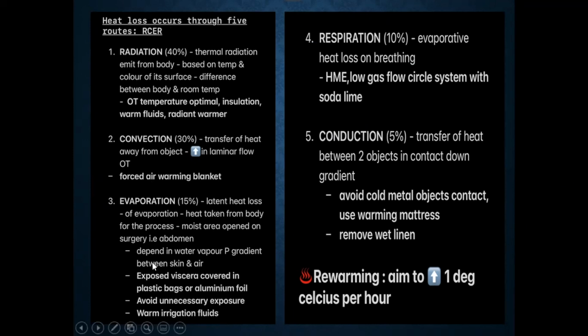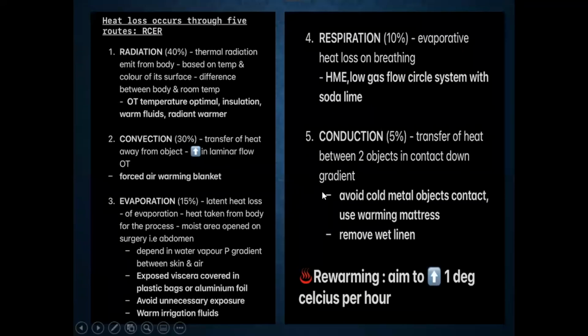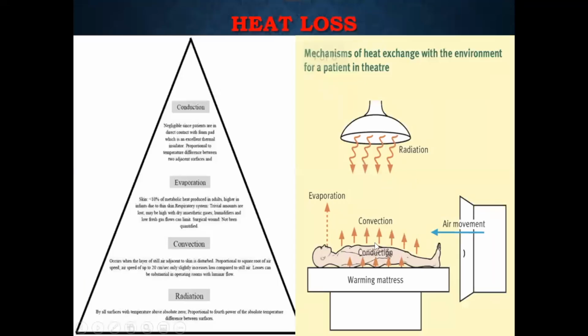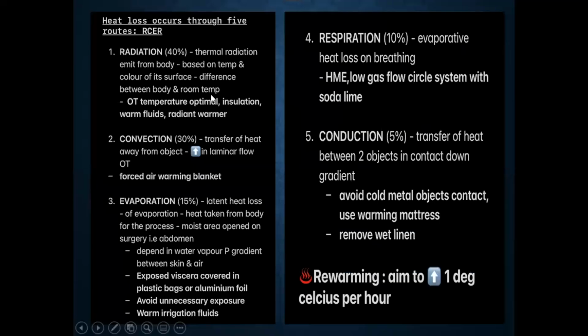So what is each of them? Radiation is the thermal radiation emitted from the body, like a thermal exposure. It depends on the temperature and color of the surface, and the difference between body and room temperature.